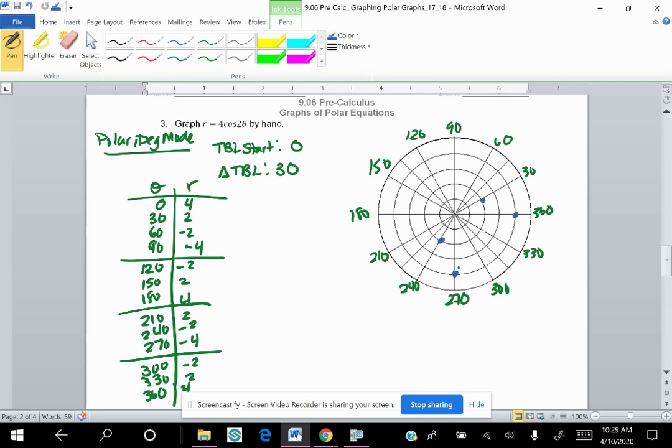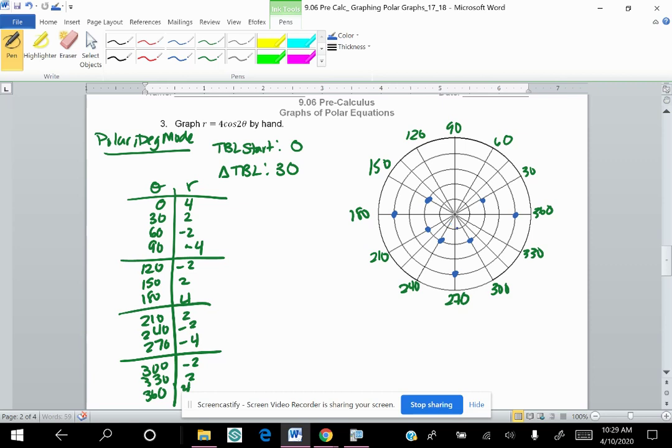So now we are at 120. So 120 is -2. So here's 120. We go to the opposite quadrant and count 2 out. At 150, we're at +2. At 180, we're at 1, 2, 3, 4. At 210, we're at 2.